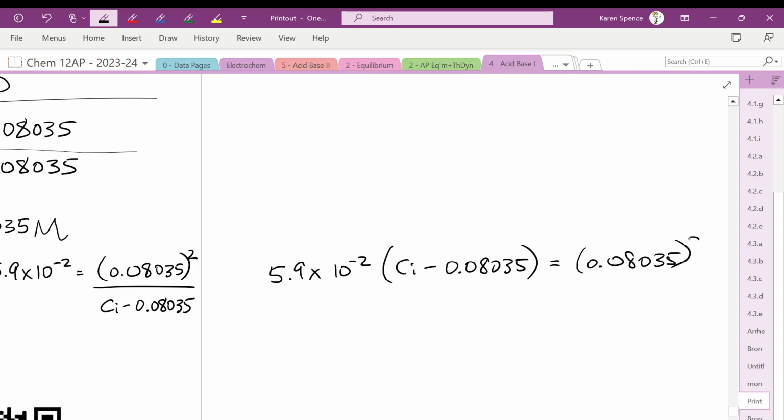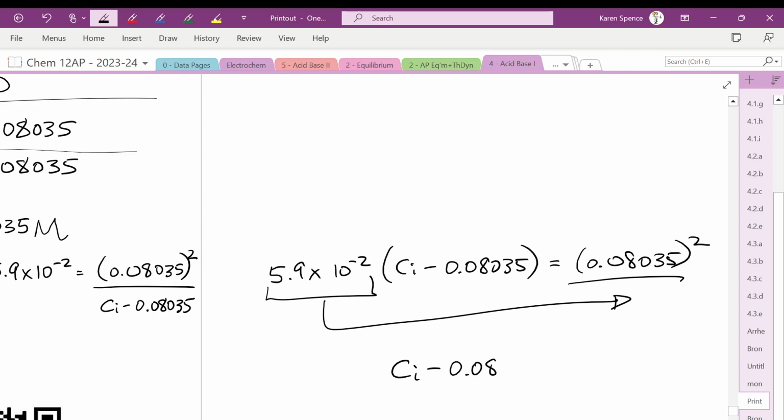But what if, instead of multiplying this thing out, I took this and brought it down here? Oh, now I'm saving myself a bunch of work. Now I have Ci minus 0.08035.